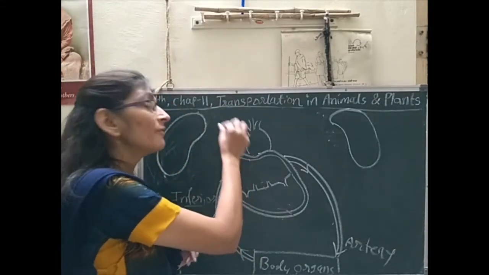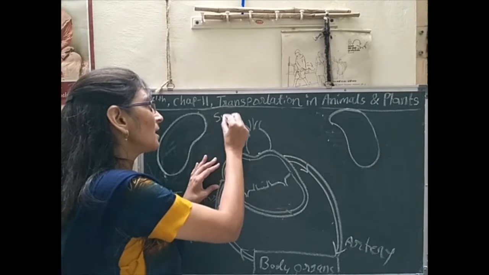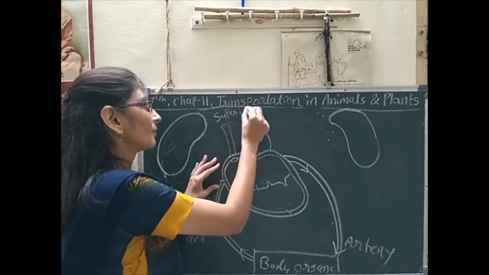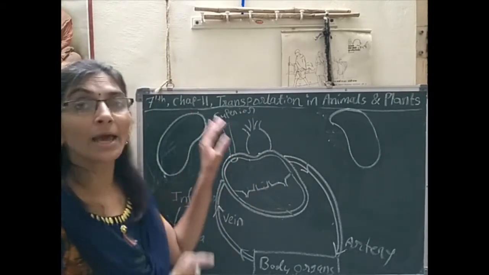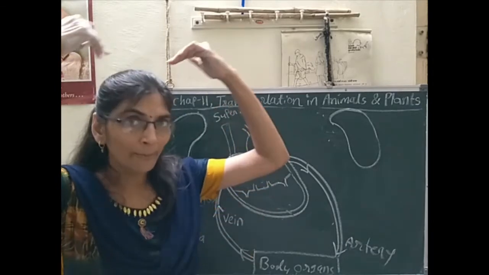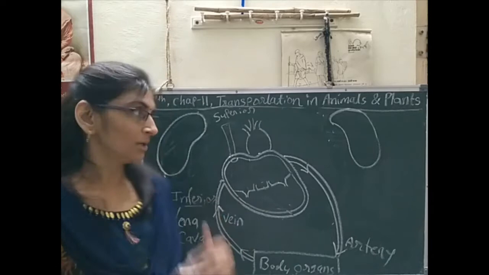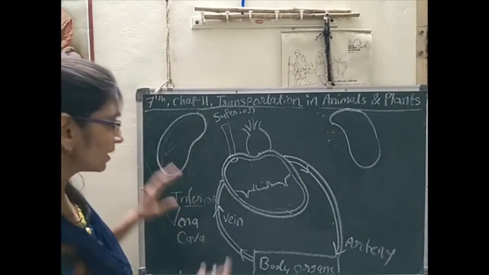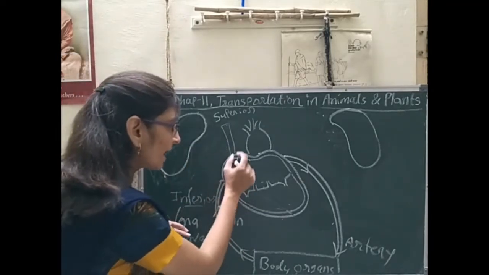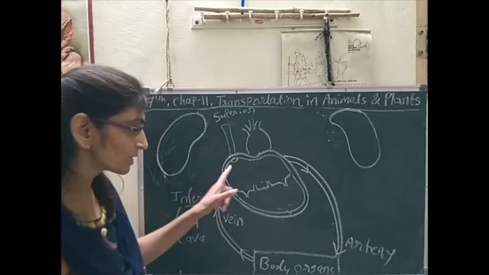And the superior vena cava carries blood from the upper organs towards the chest, towards the heart. So these are the two types of vena cava which carry deoxygenated blood towards the heart.